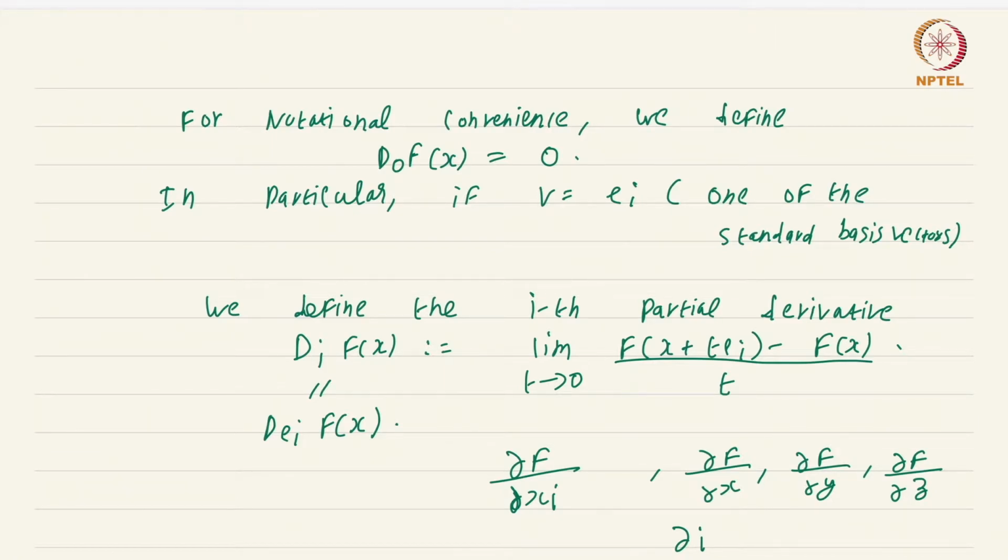To compute the partial derivative at a point (x1, ..., xn), you just fix all the other variables. So suppose you want to compute, let's say, ∂_1 f at the point x.